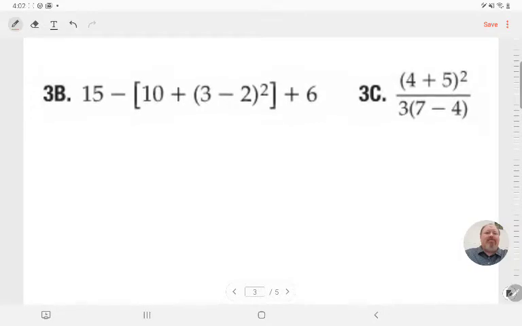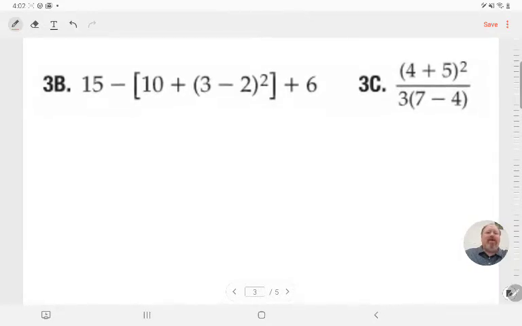Let's go to 3B. We have this long expression. So the first thing we're going to do is look for grouping, and we have brackets, and then we look inside the brackets, and we also have parentheses, so we have to start there. So we would say 15 minus 10 plus 1, since 3 minus 2 is 1, squared, plus 6. Now we look inside the grouping, and we have an exponent.